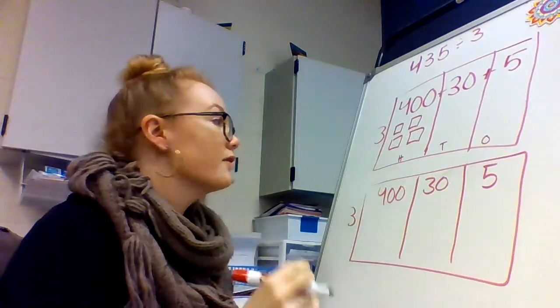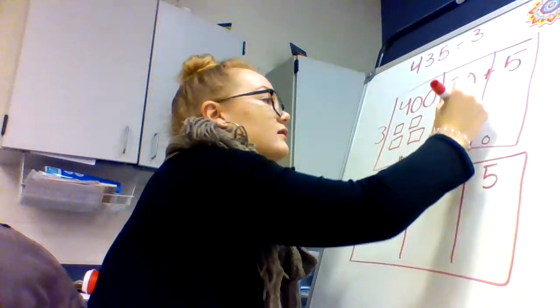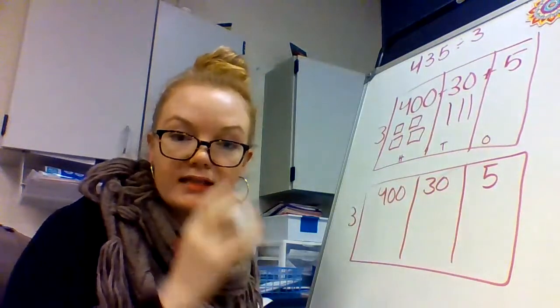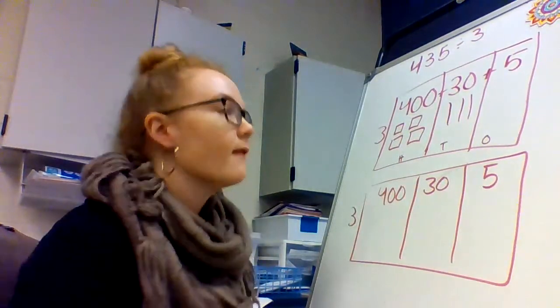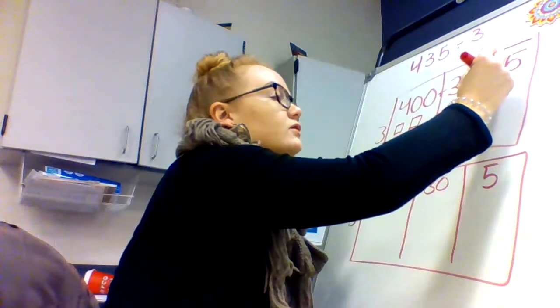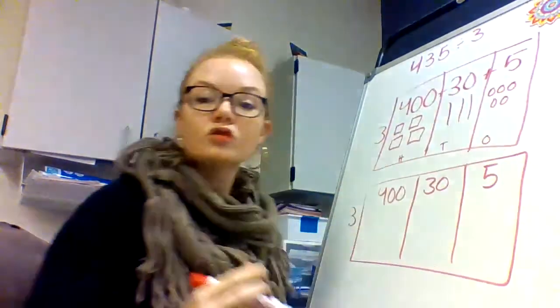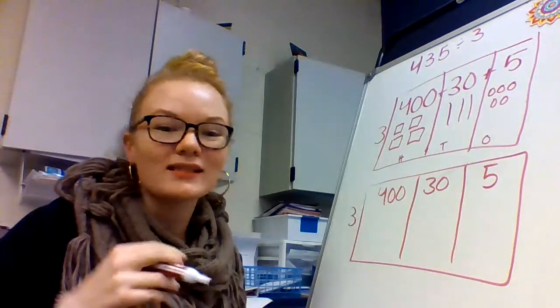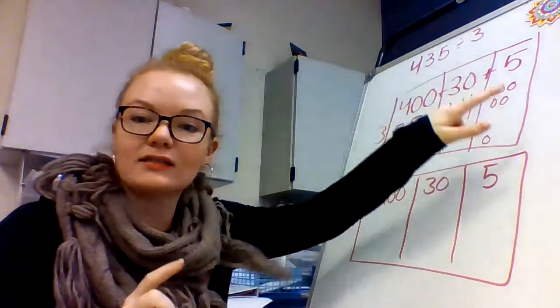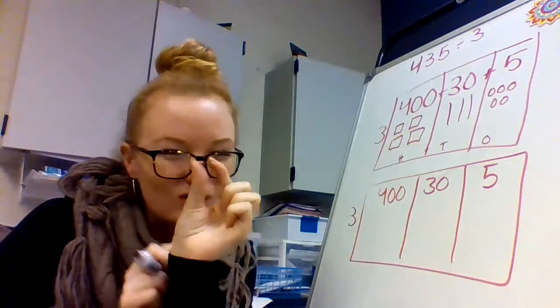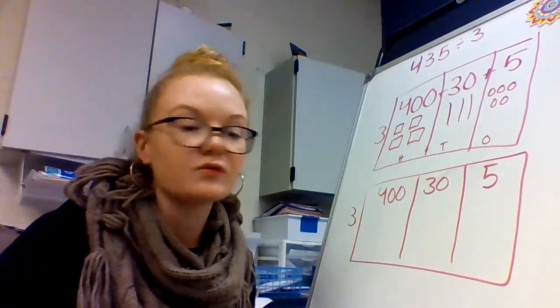Then I have 3 tens, and those lines represent our 10 rods. And then I'm going to put 1, 2, 3, 4, 5 circles for our ones, because I don't want to write squares and get hundreds and ones confused. It's just like those little itty bitty square blocks, or cubes rather.